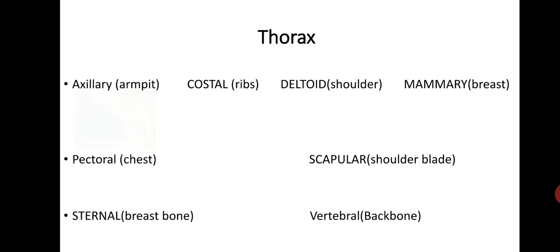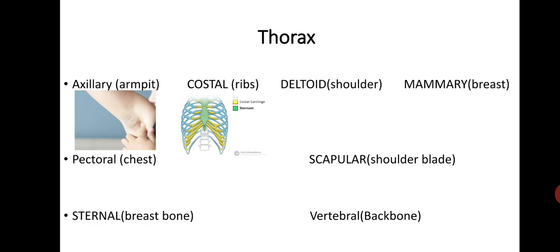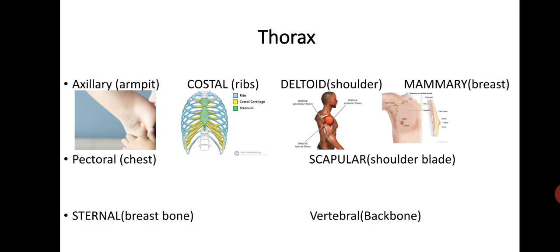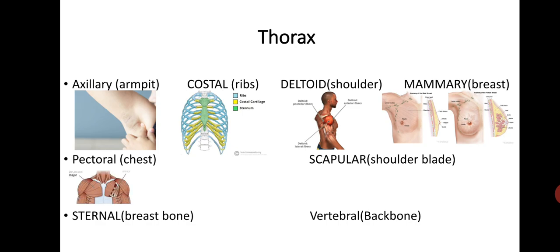Thorax: axillary, your armpit. Costal, the ribs. Deltoid, your shoulder. Mammary, your breast, both male and female. Pectoral, the chest.